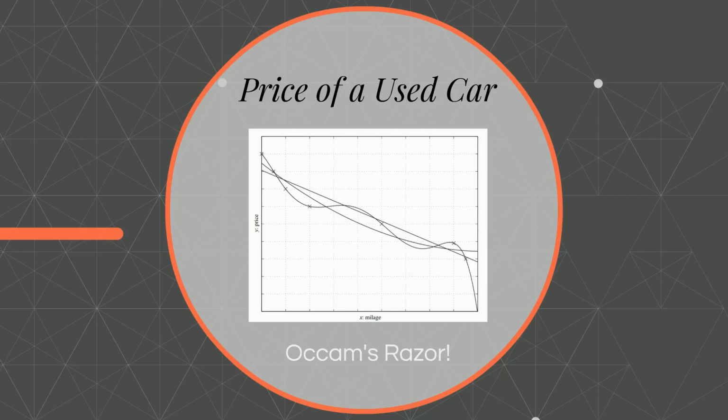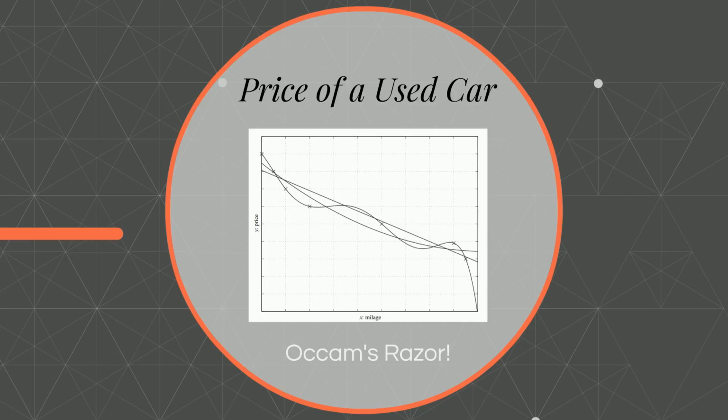So Occam's razor, we're assuming that the minimal amount of assumptions necessary is going to be the best way to model the data. So the learner is evaluated on its predictive power on a test set instead of the training data. And again, this goes back to generalization.